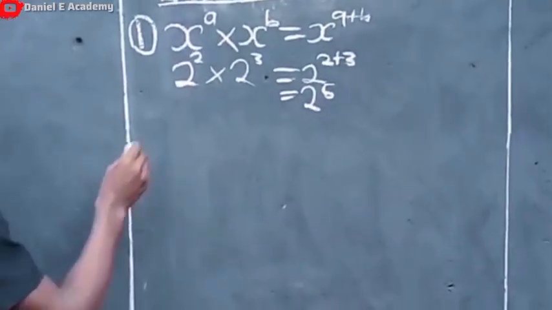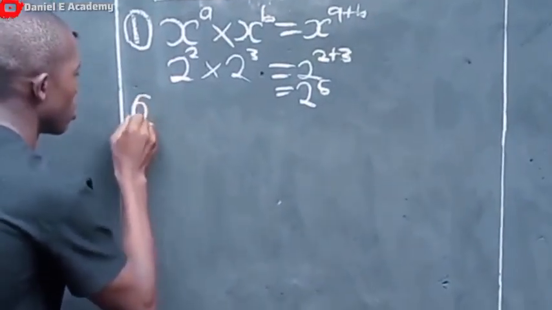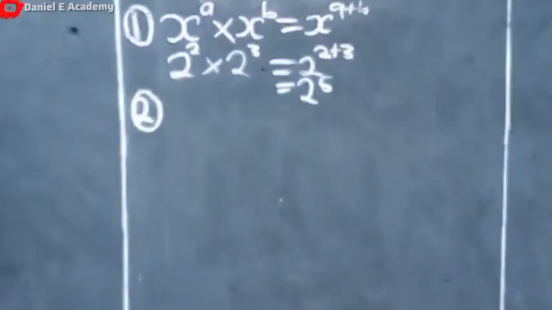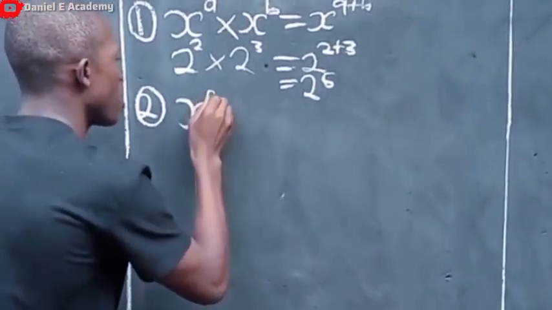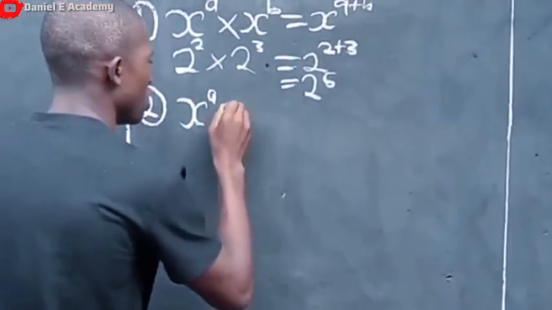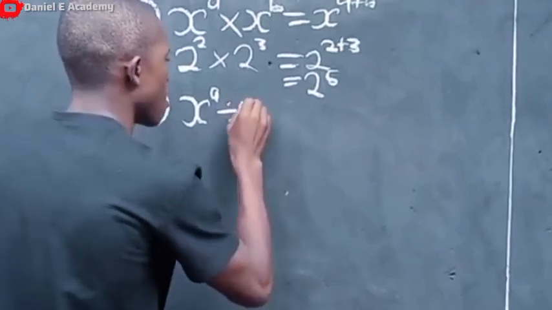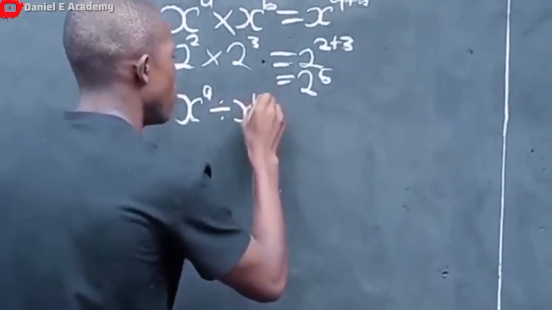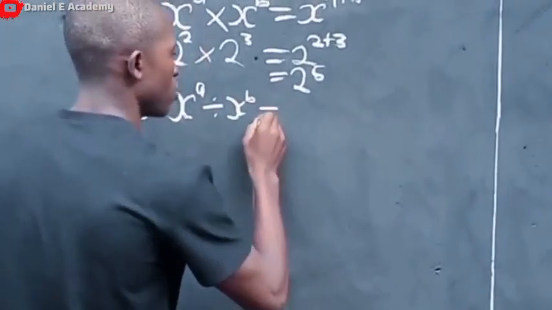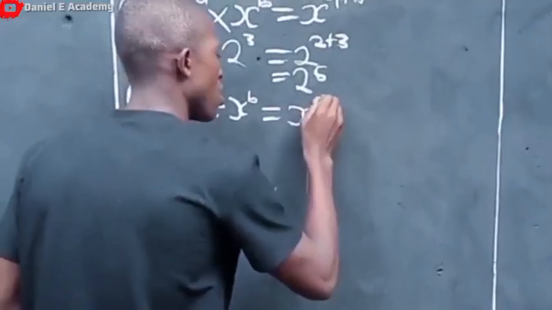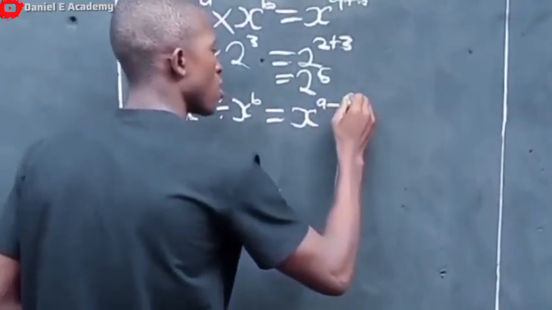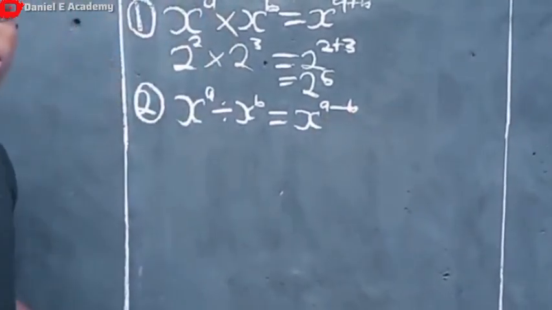Let's look at law 2, which is the division law. x to the power of a divided by x to the power of b gives us x to the power of a minus b.